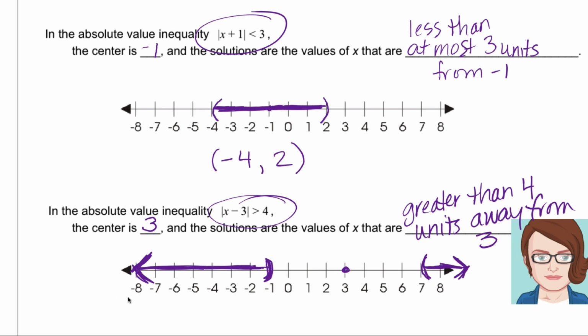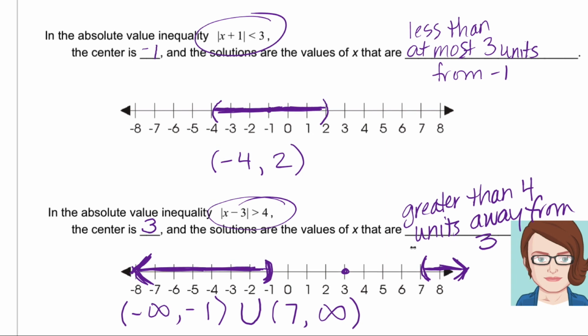So this solution in interval notation, starting from left to right, we want -infinity all the way up to -1, but we don't want to include any of the values in between here, but we do want to add, or union, 7 to +infinity. So in interval notation, that's the solution to the absolute value of x minus 3 is greater than 4.